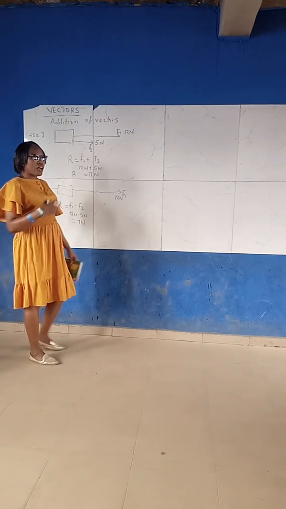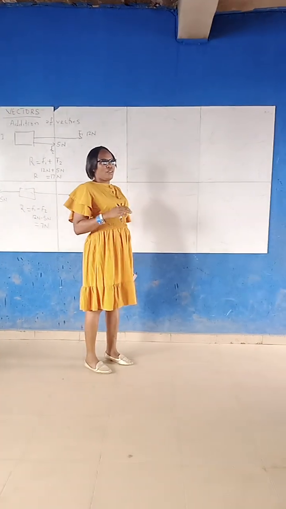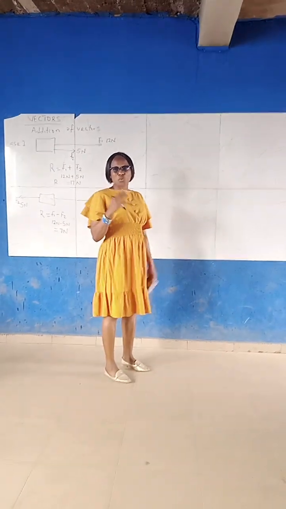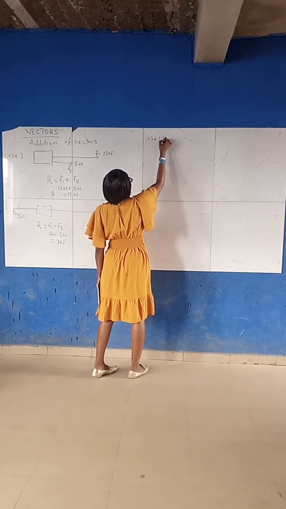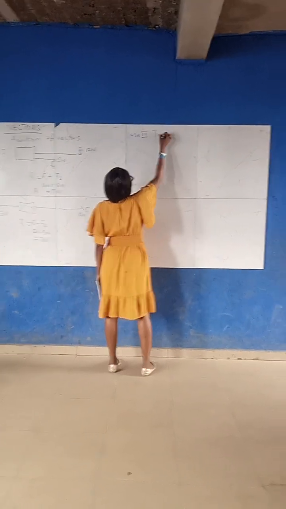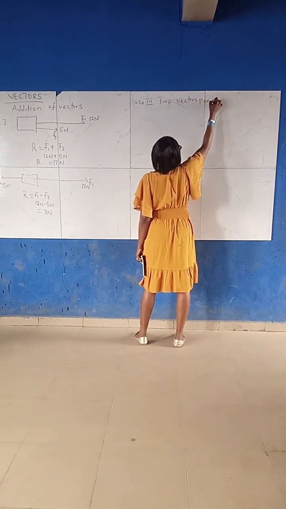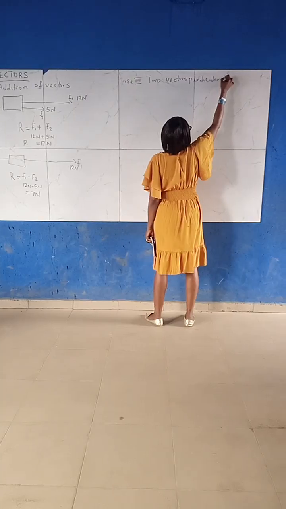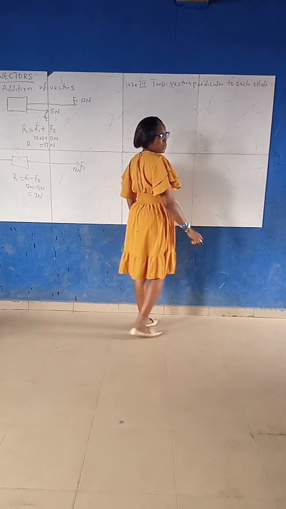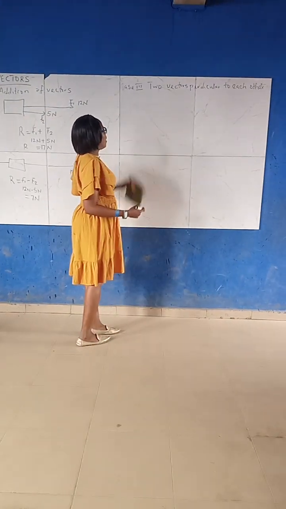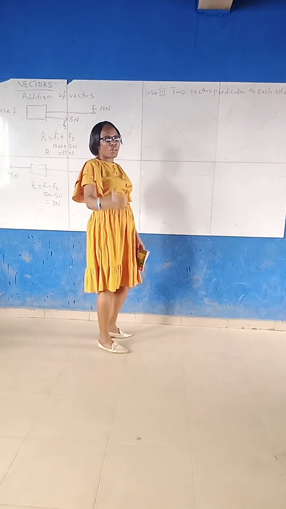That is another case. Now, there's another case when you have two vectors inclined at an angle. If you have two vectors that are perpendicular to one another, case 3, we have two vectors perpendicular to each other. When two vectors are perpendicular to each other, it means they are at right angles to one another.